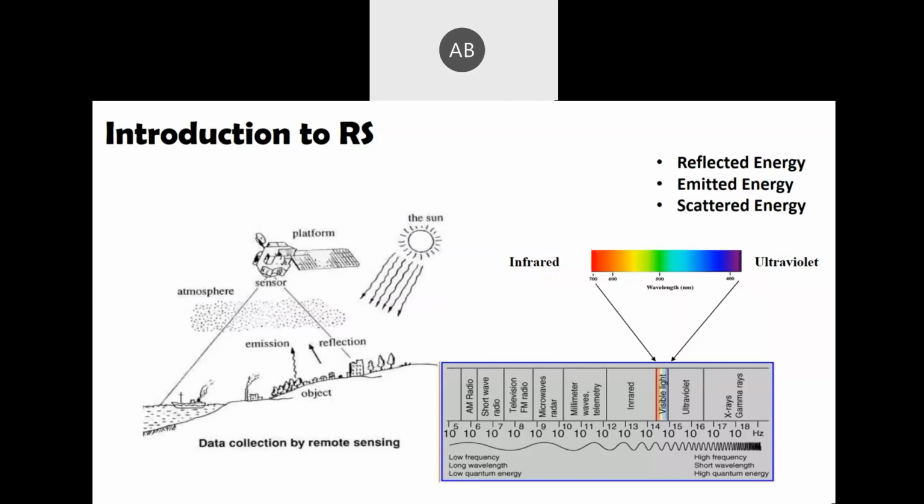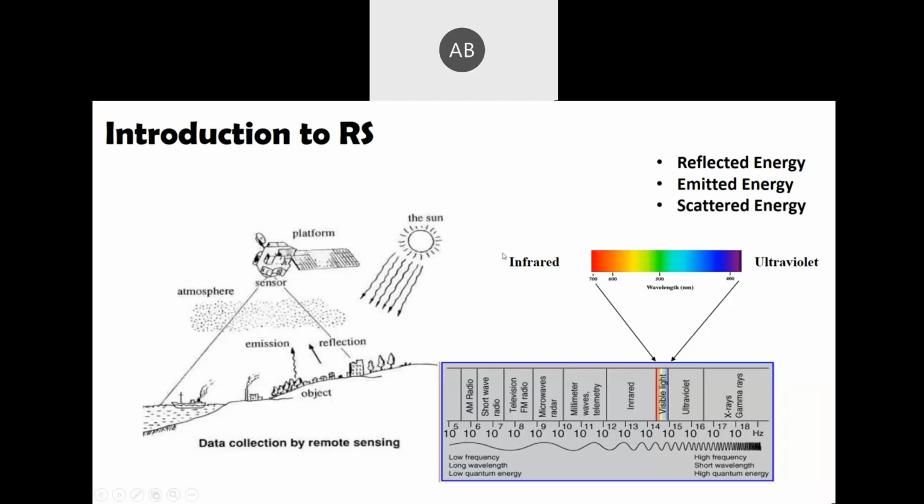As I said, anything that you can sense without directly being in contact is remote sensing. On the left hand side of the screen, you see this photograph. There you see the sun. Then we have a satellite, and on the satellite there are inbuilt sensors. And then we have the earth.